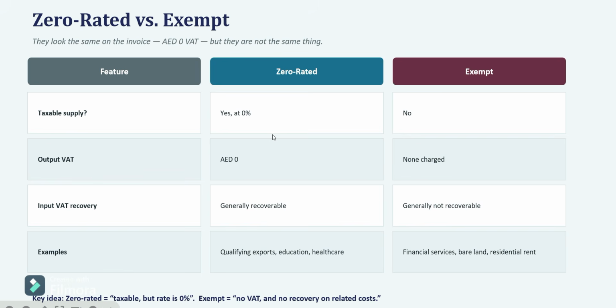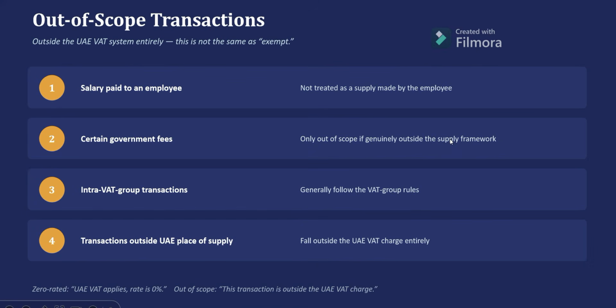Taxable supply is 0%. What falls in exempt supplies? In exempt supplies, basically bare land, residential land, or financial services all fall under exempt. So here taxable supply is no, and output VAT is none.